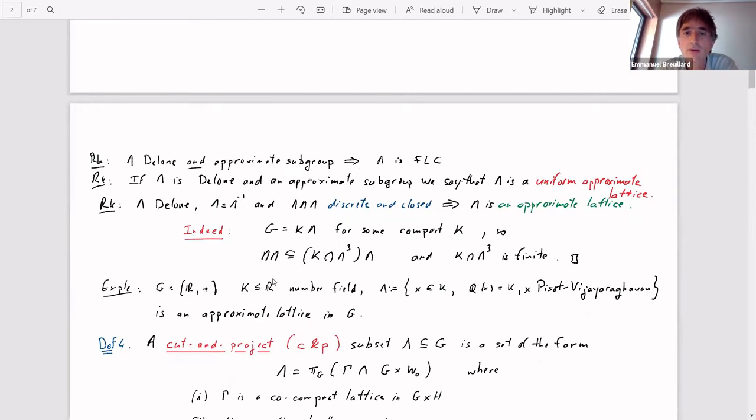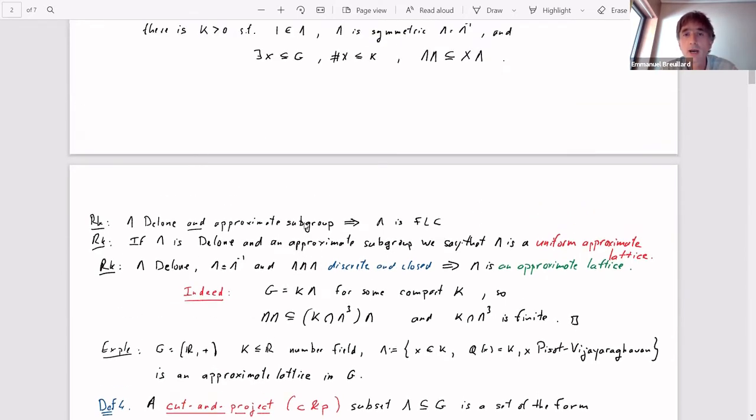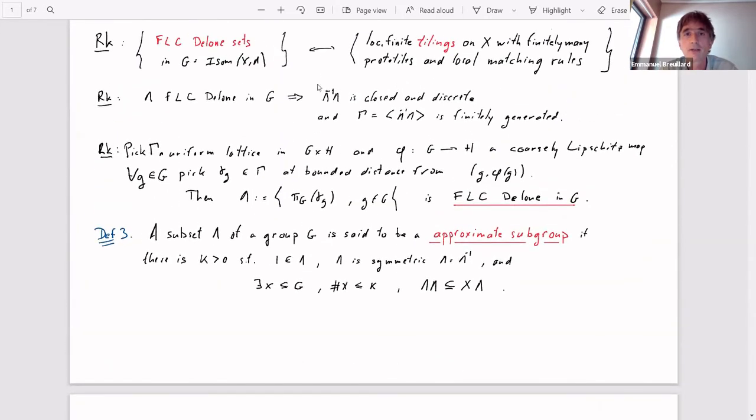Before I go further, I want to motivate a little bit the introduction of approximate subgroups by this remark: if you have a Delone set, which is assumed symmetric, such that the triple product, lambda cubed, is discrete and closed, so locally finite in G, then this implies that lambda is an approximate subgroup. So triple products are needed, while before, for FLC, we had the double product.